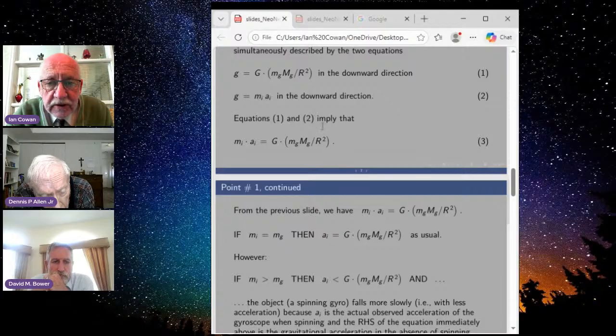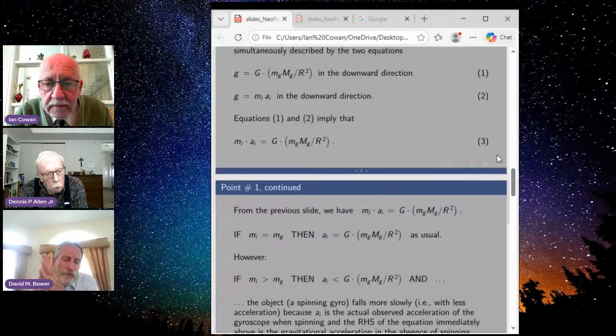See, look at the next equation, g equals m sub I times a. That shows you that g there is the magnitude of a force.